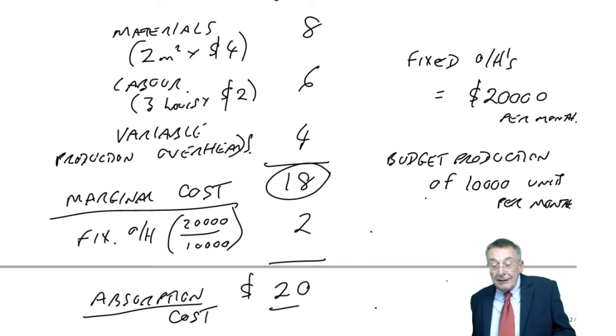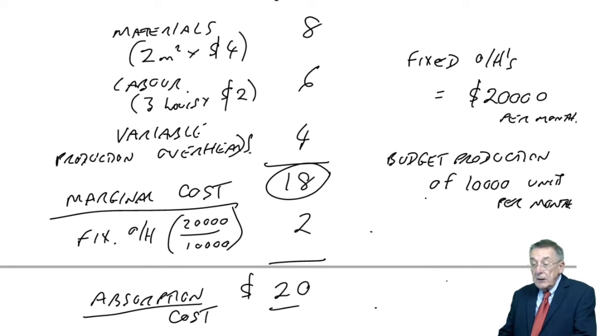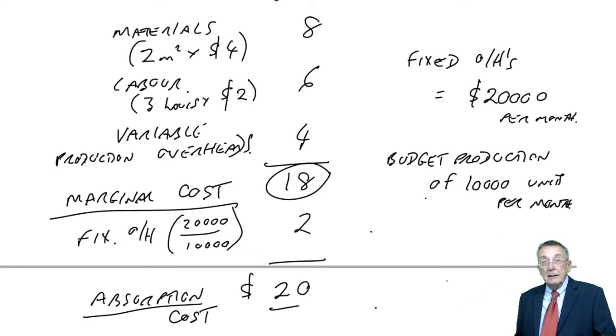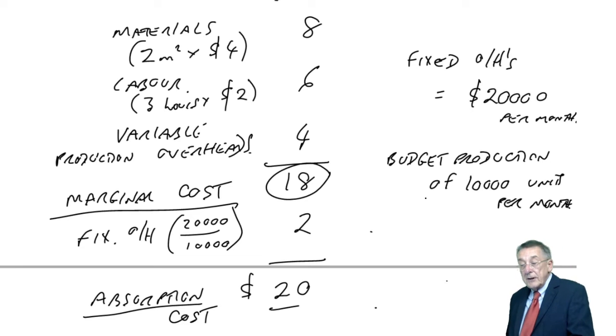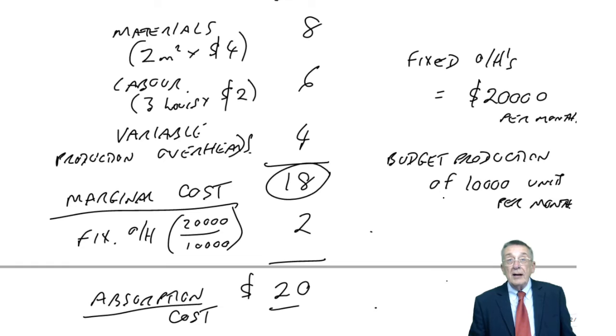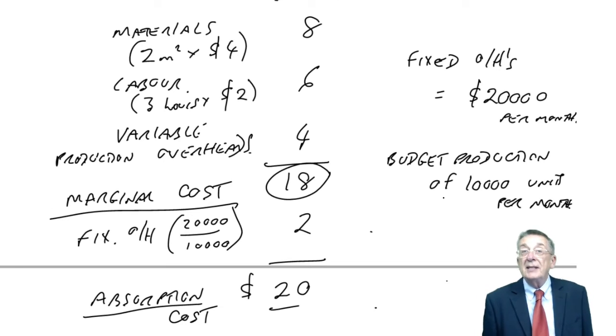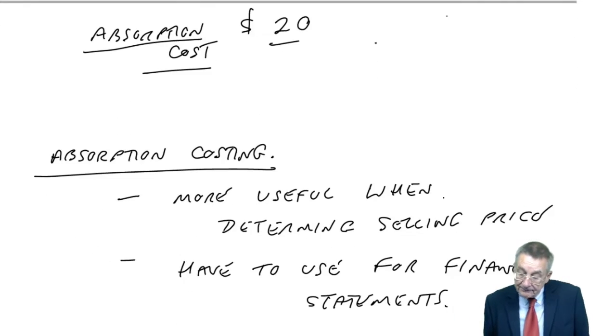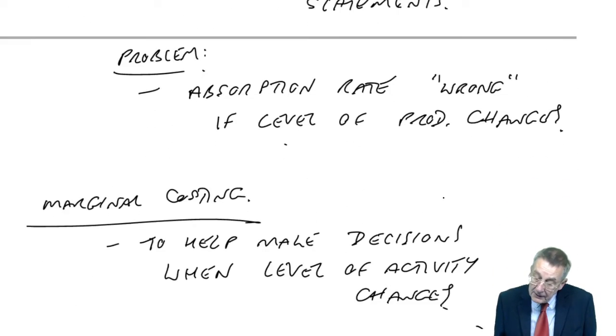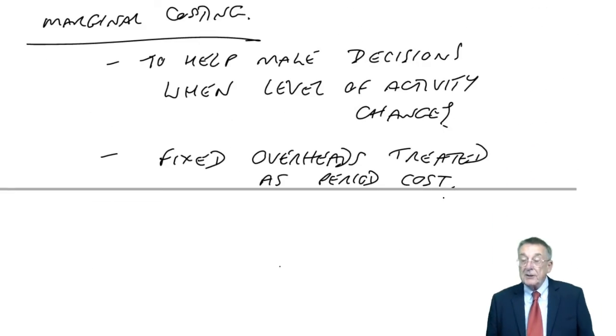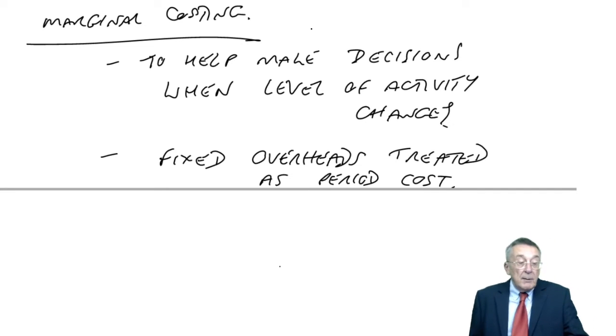Well, under absorption costing, cost of sales would be zero if you don't sell any. The 20,000 all would be in inventory. With marginal costing, the variable cost of sales might be zero, but you've still got the fixed cost of 20,000. So that's what I'm getting at. Did I actually write it down? Yes, treated as period cost. We charge the full 20,000 each time. All right, that's more than enough there.